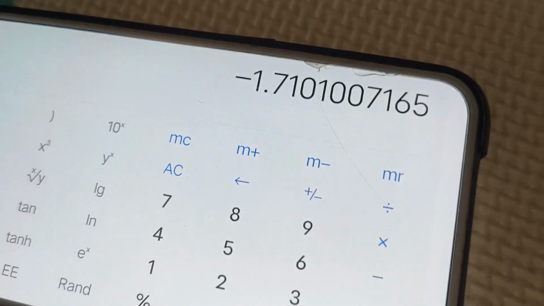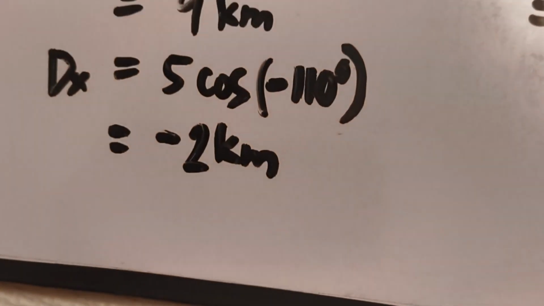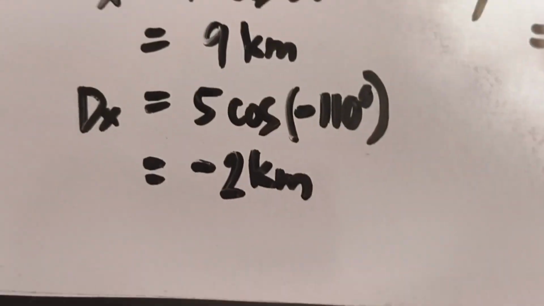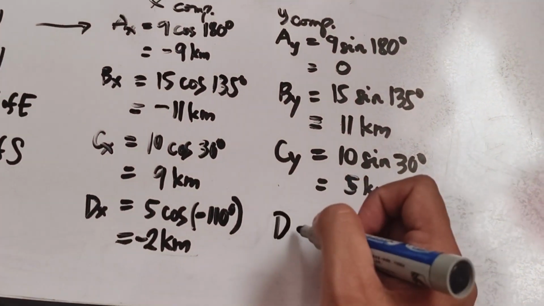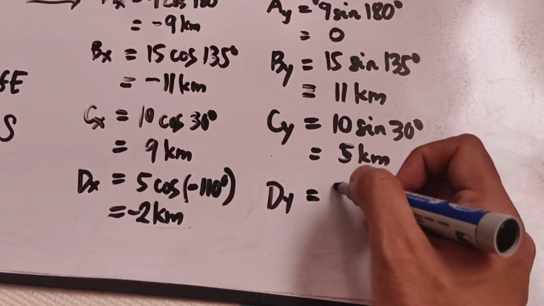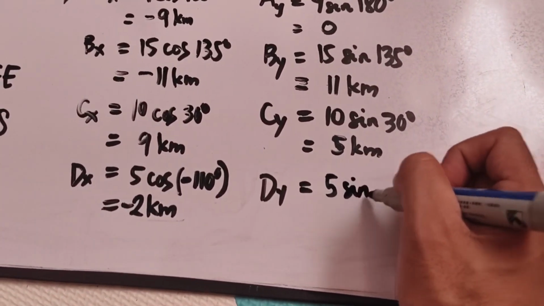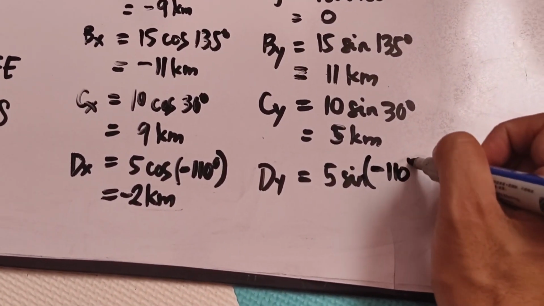So nakita nyo, we have the same answer, negative 1.71, or approximately in whole number, negative 2 kilometers. So pareho lang. Next, let's compute for the y component of vector d. dy is equal to 5 sine of negative 110 degrees.